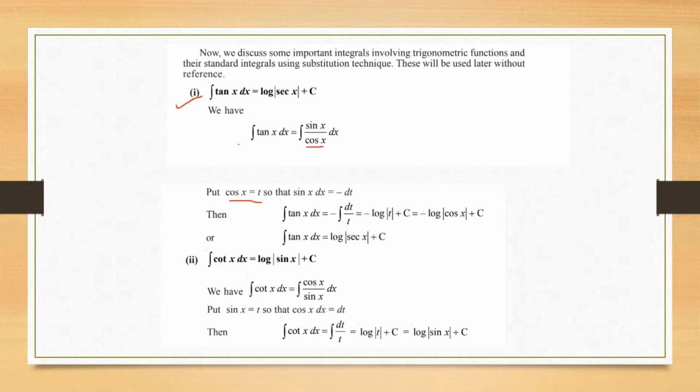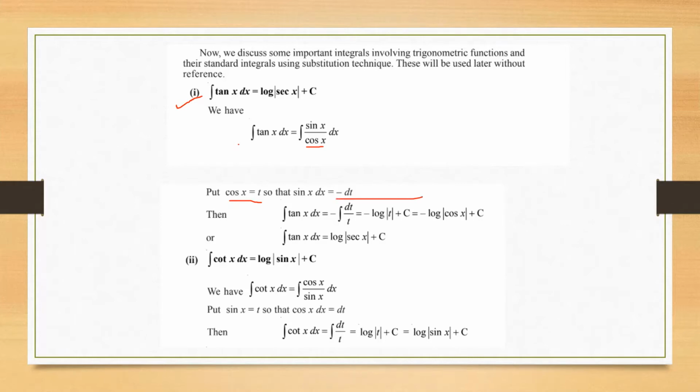Now when I put cos x equal to t, differentiating both sides, I get minus sin x dx equals dt, because the derivative of cos is minus sin x, and the derivative of t is 1. So it becomes sin x dx equal to minus dt.